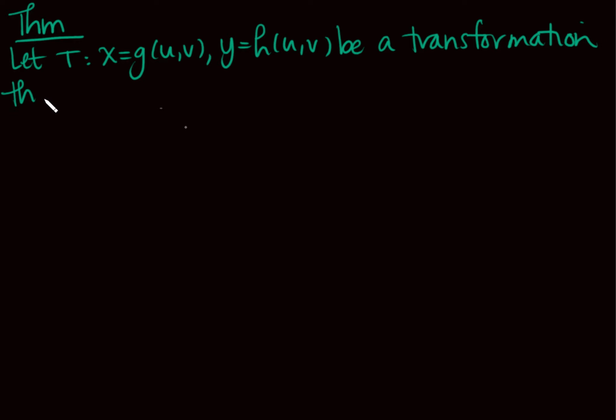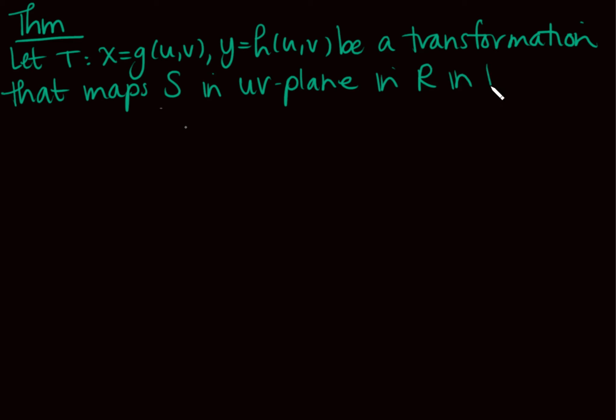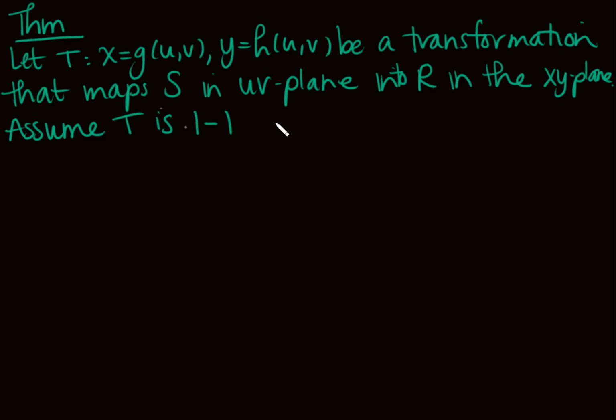That maps S in the UV plane into R in the XY plane. Okay. A couple things here. Assume T is 1 to 1, so I'm going to do shorthand, I just do 1-1, okay?